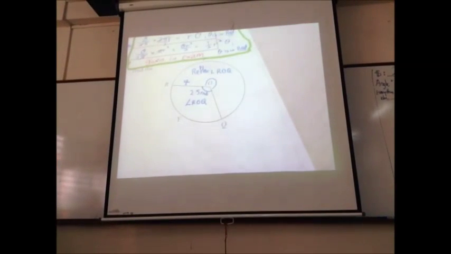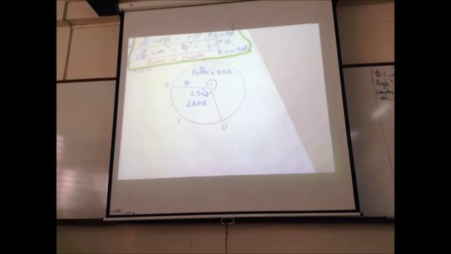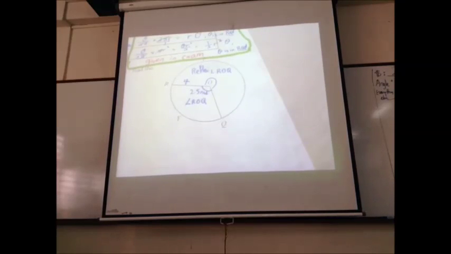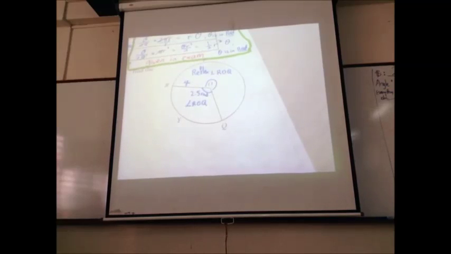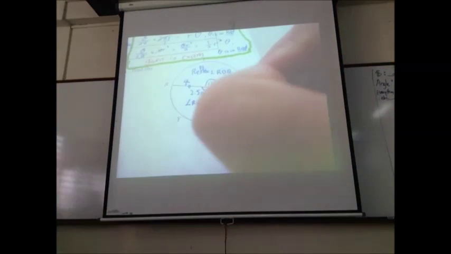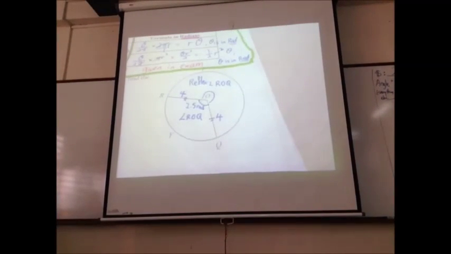And what is the most important thing when you see a circle question? You label the radius. So you want to label this is 4. Okay, complete.